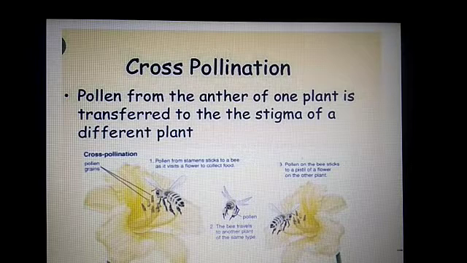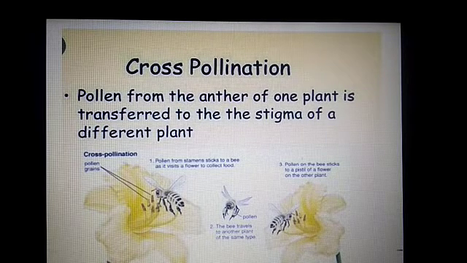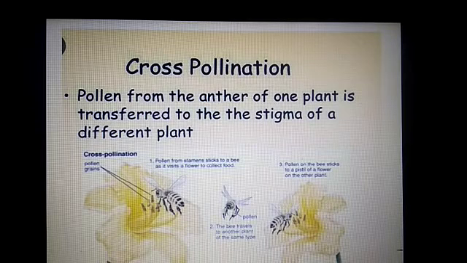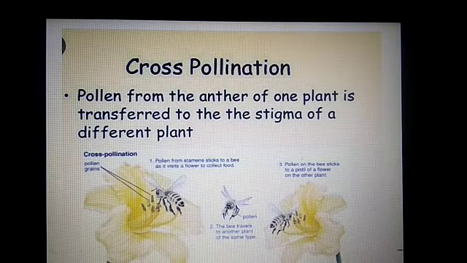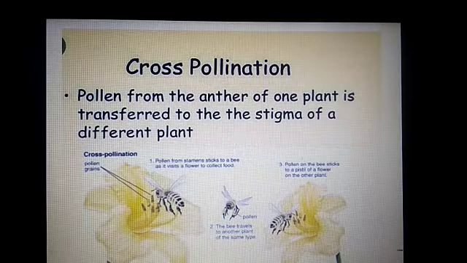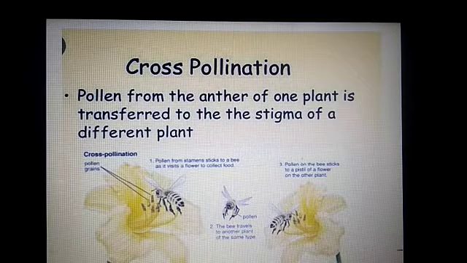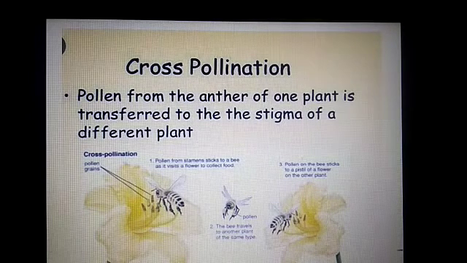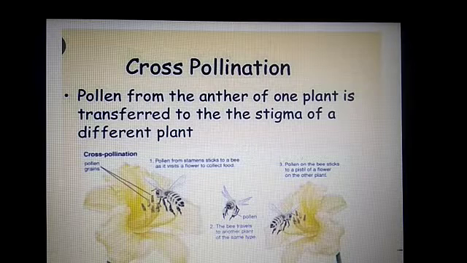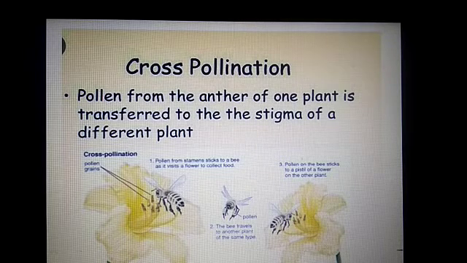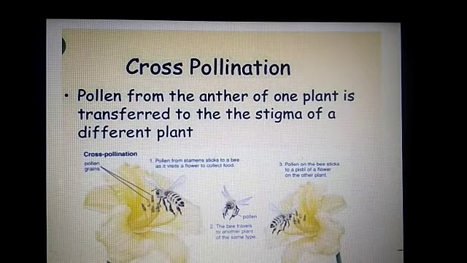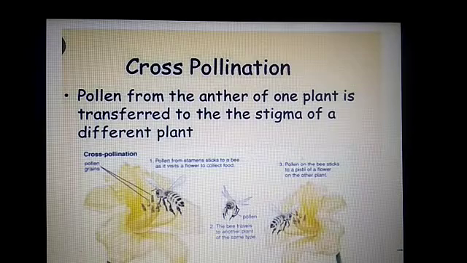When the bee travels to another plant of the same type, suppose marigold to marigold, or dahlia, salvia, which are insect-pollinated flowers, the pollen on the bee sticks to the pistil of the flower of the other plant. So that forms insect pollination.